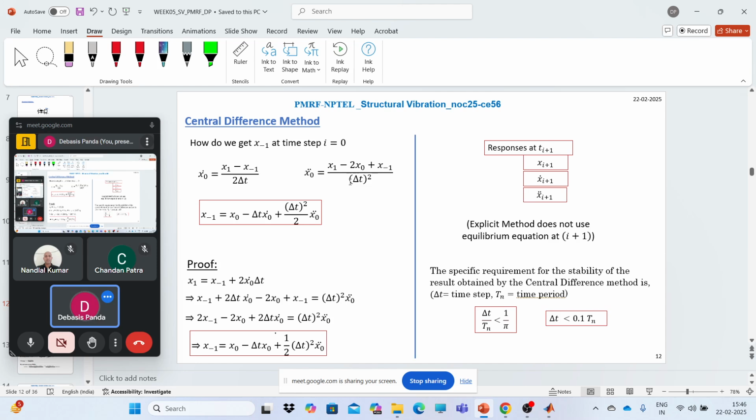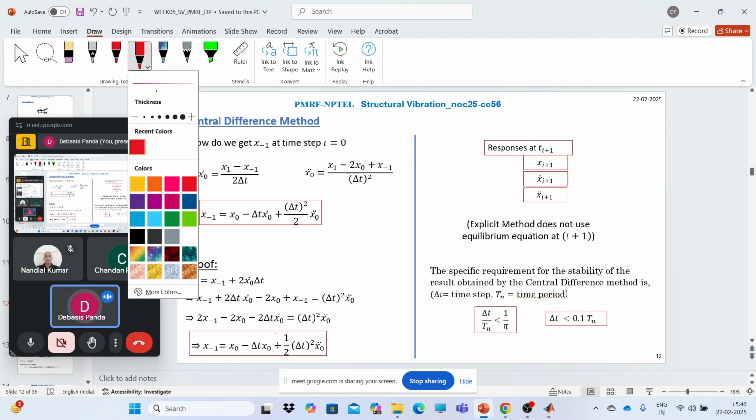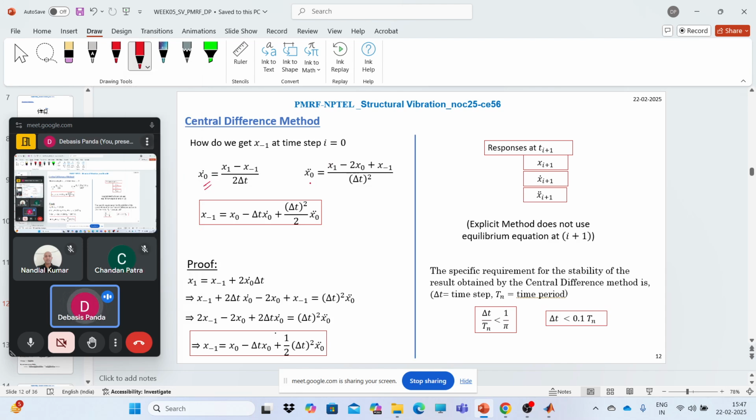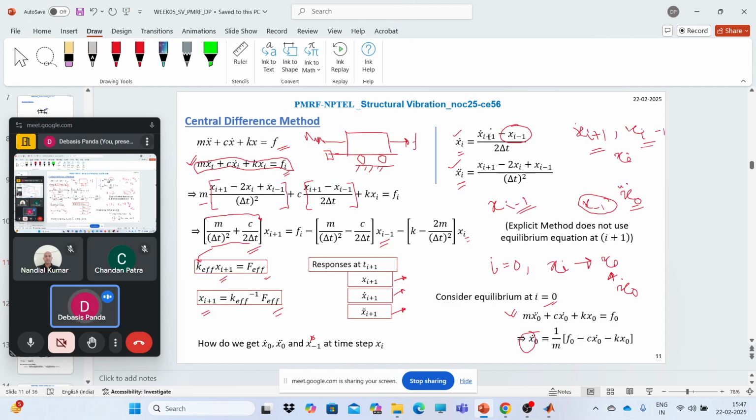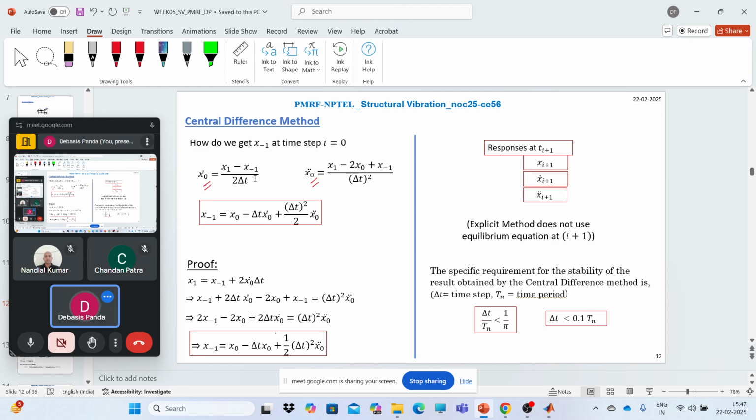At time instant t equals 0, we need to evaluate the two quantities, the value of x dot naught and the value of x double dot naught. Just go to the previous slide where we defined this, and instead of I, just put 0. So x dot naught is x1 minus x of minus 1 divided by twice delta t, and x double dot naught becomes x1 minus 2x naught plus x of minus 1 divided by delta t square.